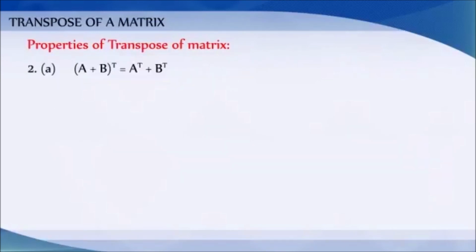Property 2. For the given matrices A and B of the same order, (A + B) transpose is equal to A transpose plus B transpose.